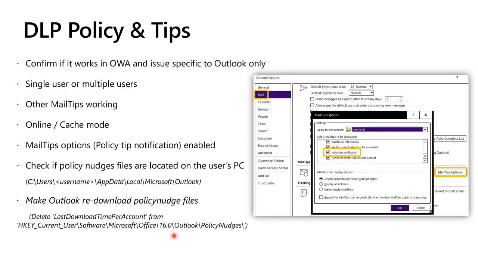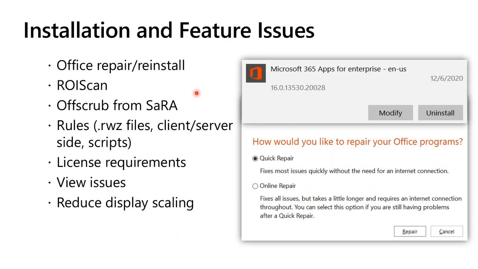So next slide is installation and feature issues. In case of installation and any feature issues, below are some of the key points to note. We can try Office repair or reinstallation of Office. There are two repair options available, as shown in the screenshot.